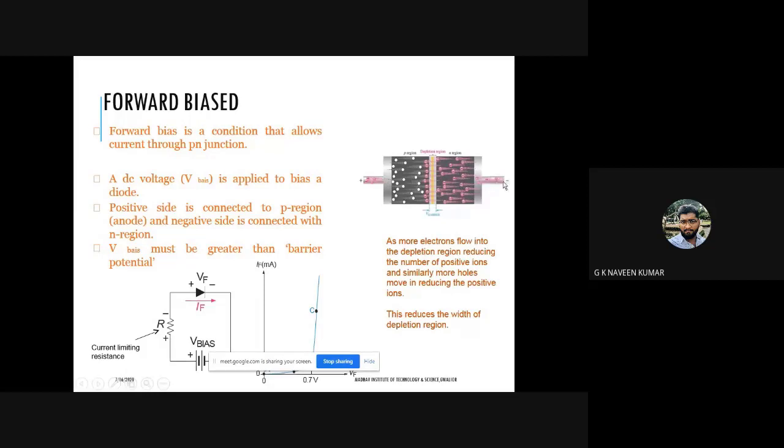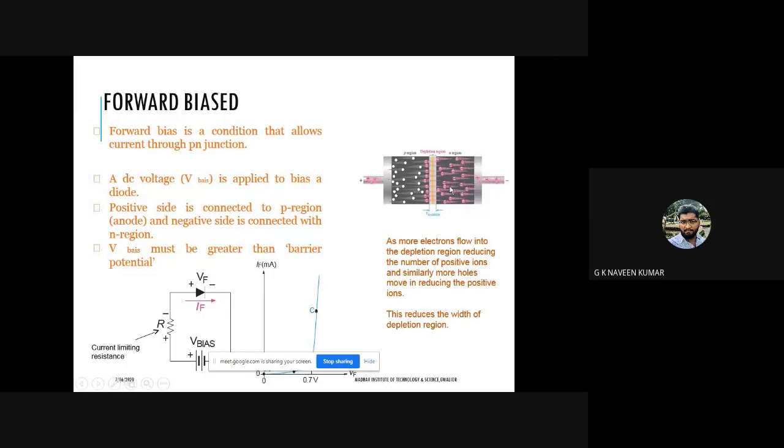If I apply negative potential here and positive potential here, applying negative potential is nothing but injecting more electrons. This region already has majority carriers as electrons, so if I am injecting more electrons here, the quantity of these electrons will further increase.